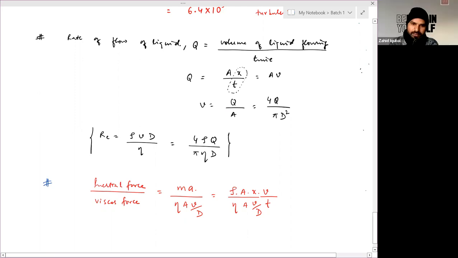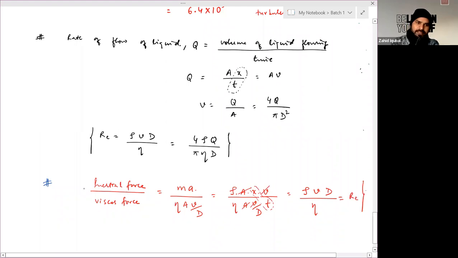Okay, now this part and this part will cancel out. This part and this part will cancel out. This x by t will define your velocity. So it will become rho v. This diameter will move to numerator, D divided by eta. This will be equivalent to Reynolds number.